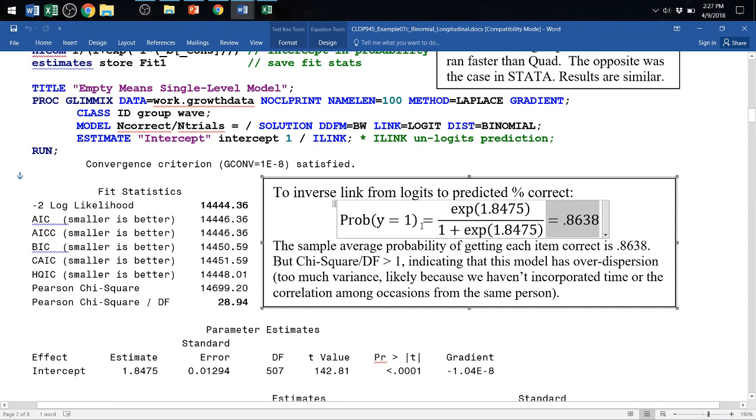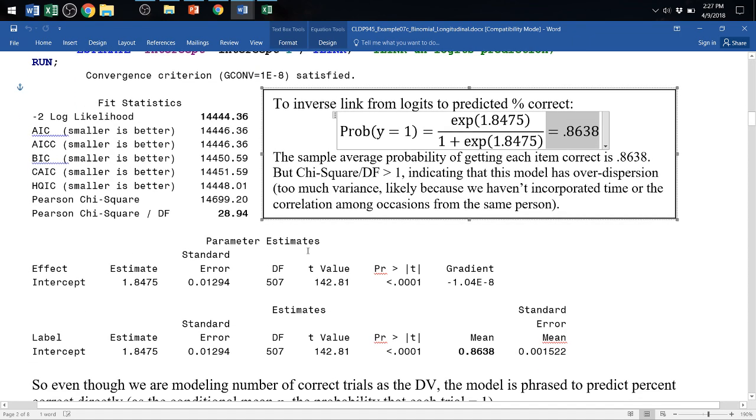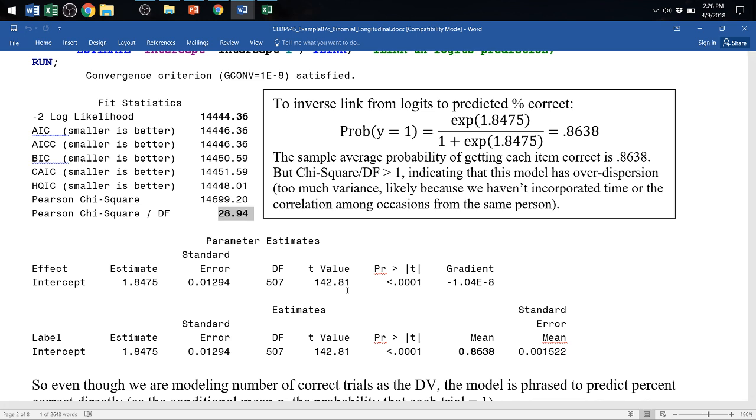So here's what I had screwed up in my previous example: not paying attention to this number right here. If your distribution at level 1 is the right distribution, that number, Pearson chi-square over degrees of freedom, should be 1. 28 is not 1, as it turns out. So this indicates that there's way more variance than what this model predicts.